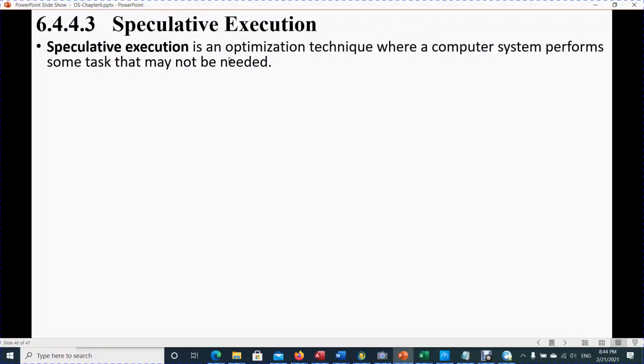Speculative execution is an optimization technique where the computer performs some tasks that might, in fact, not be needed.